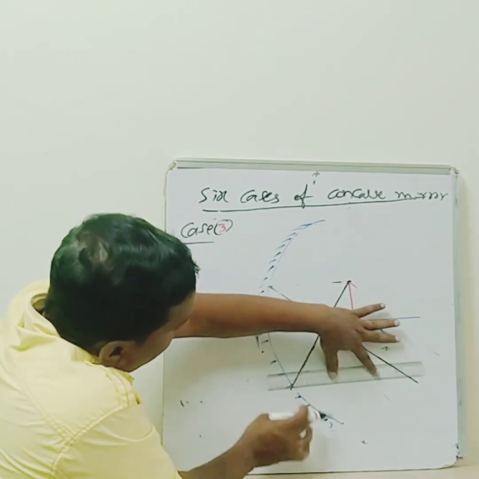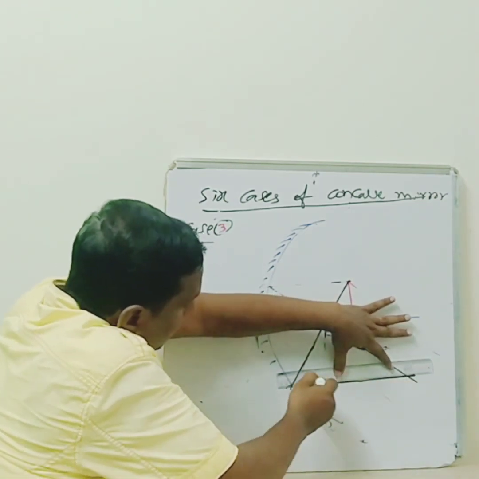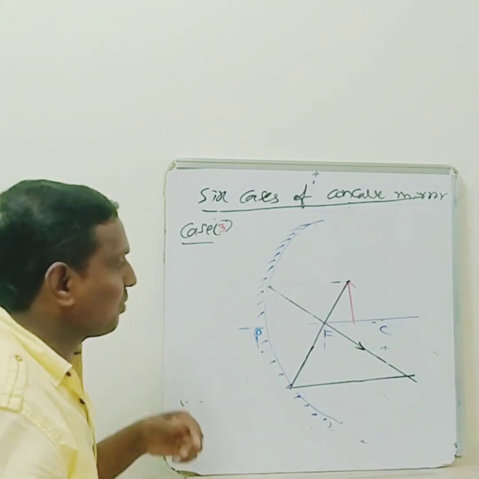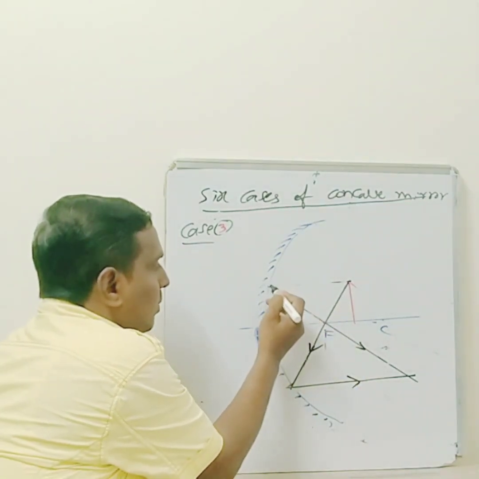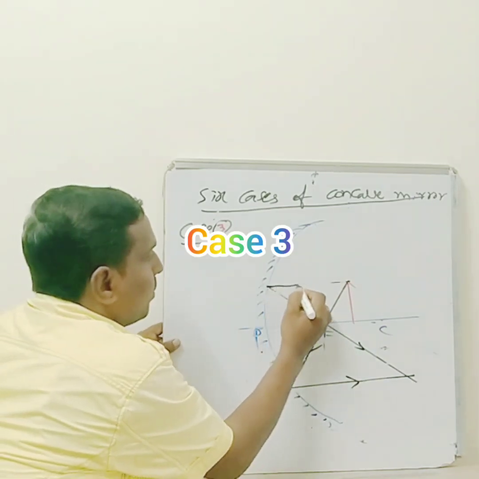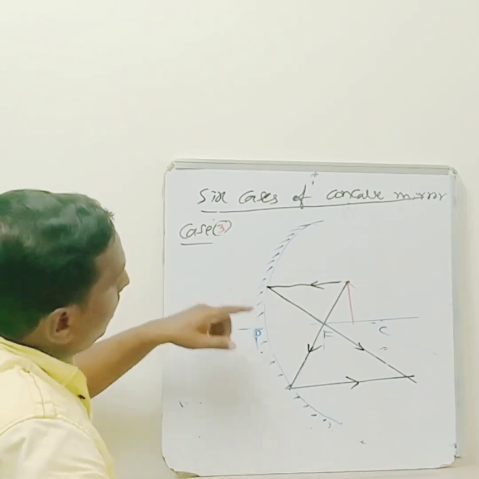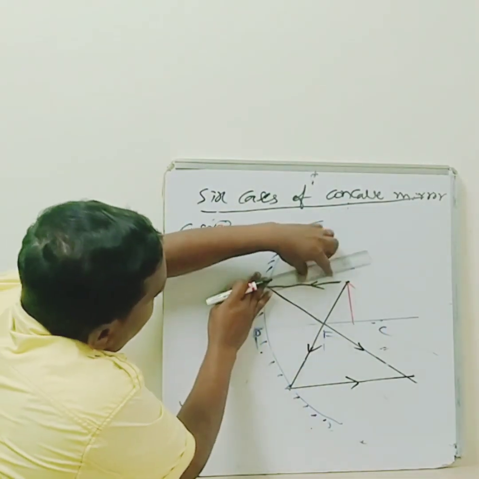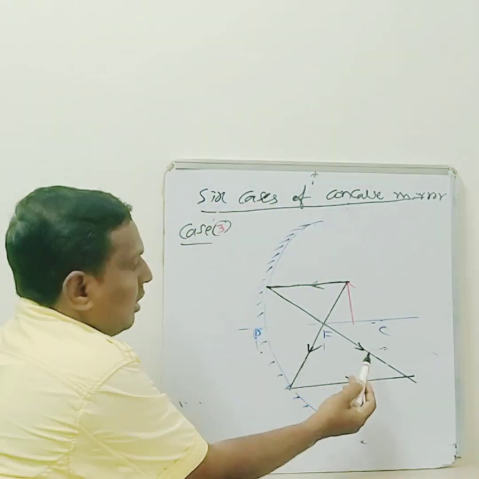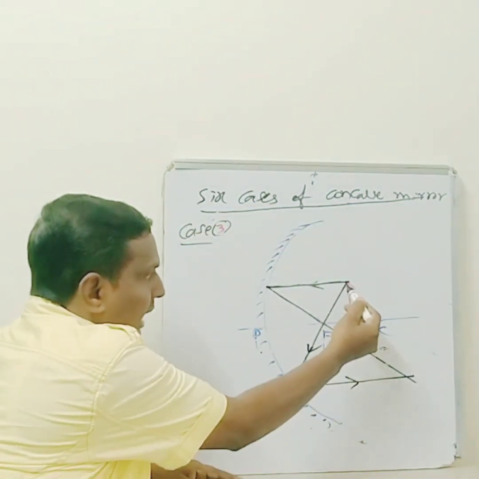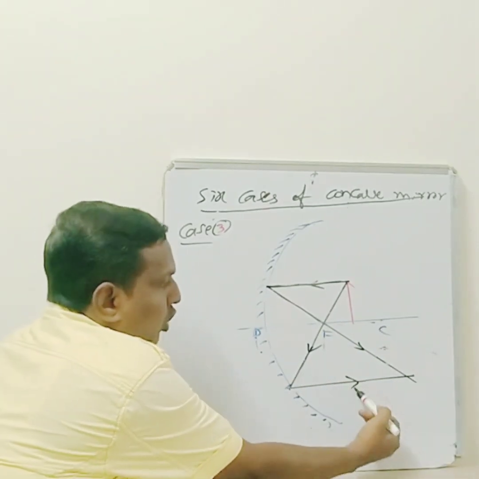So now we want the point of intersection. When the light ray passes through focus, after reflection it travels parallel to the principal axis.